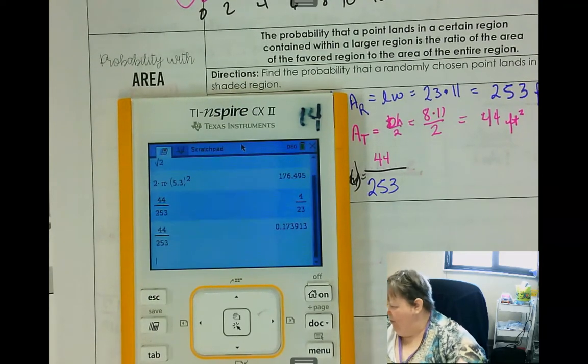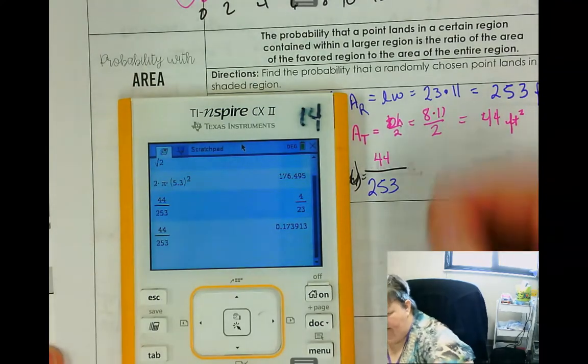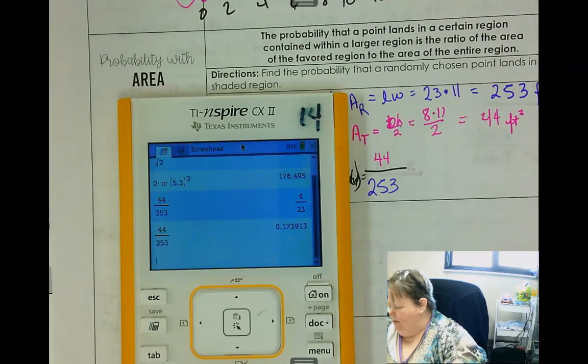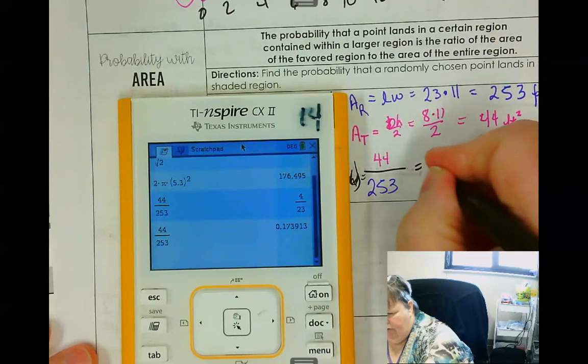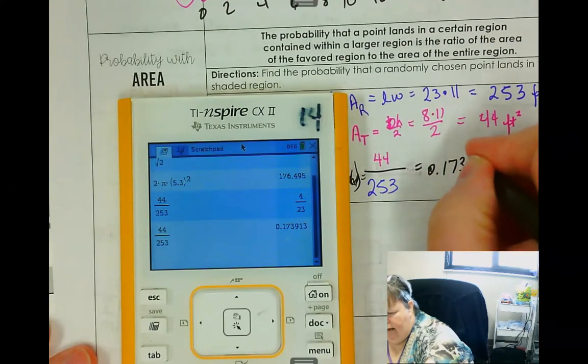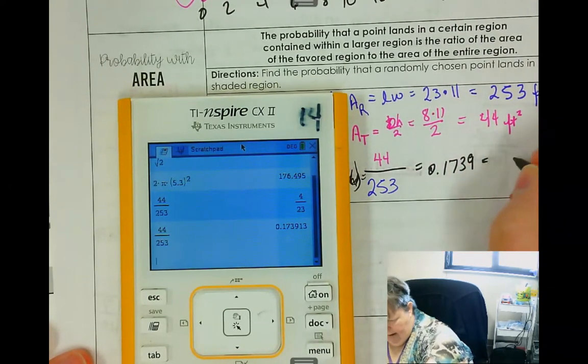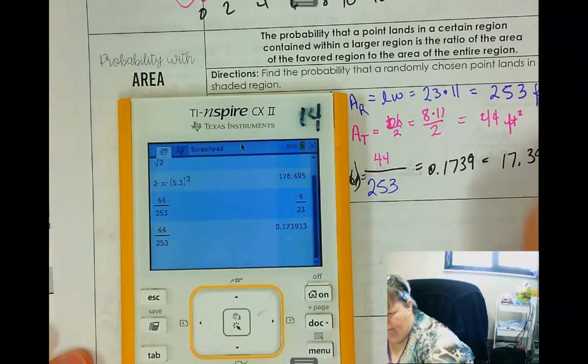I'm going to do control enter. I get 0.1739, which as a percent is 17.39%.